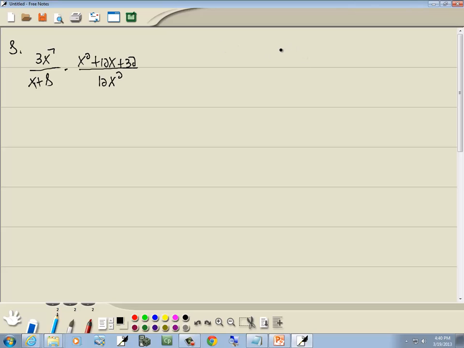And this is multiplying rational expressions.